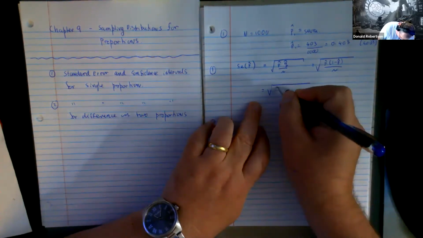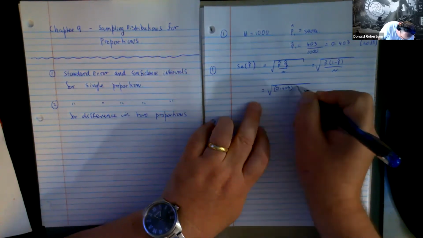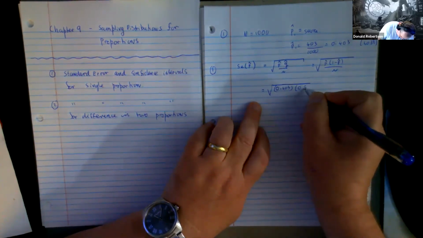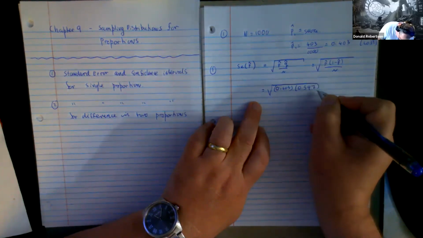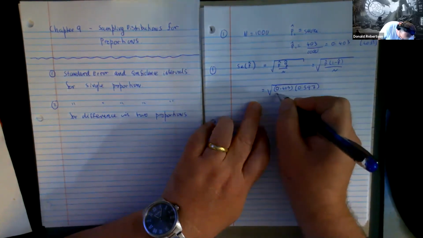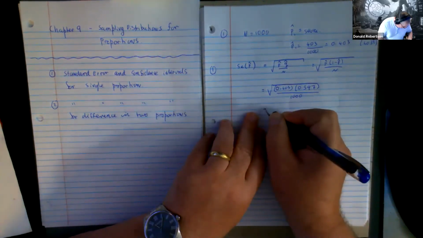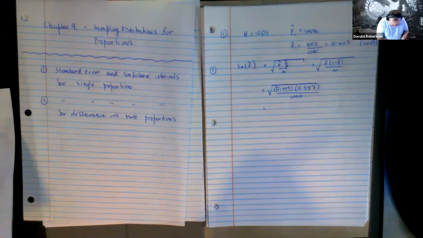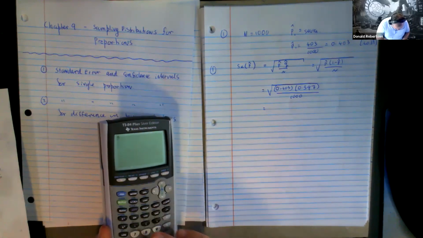And it's going to be P hat, which is 0.403, multiplied by 0.597, hopefully that's right. Yep, all over 1,000. Although they're big numbers, you can pretty much do it in one go, which is good.